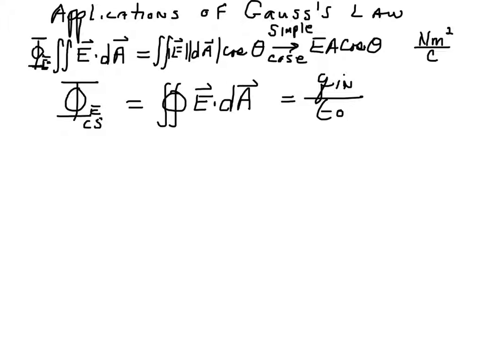So in this video, we're going to use Gauss's law to determine the electric field for 3 or 4 situations of high symmetry. And we're going to start with a charged sphere.